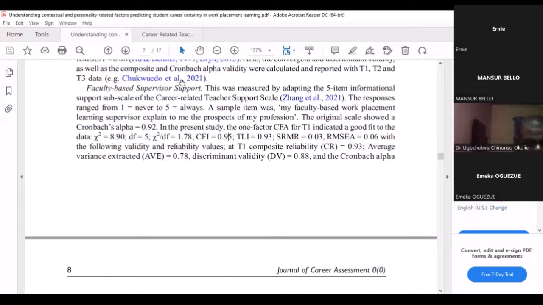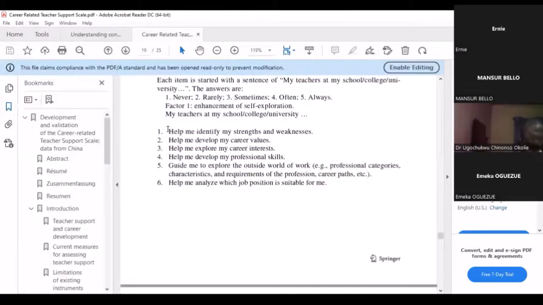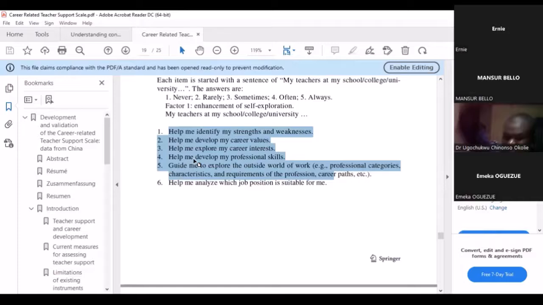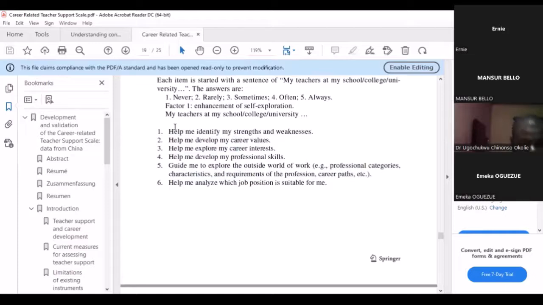So what you need to do is simply adapt this instrument and use it to collect your data. These items here will form the instrument that you will use for data collection. Simply copy this, adapt it.